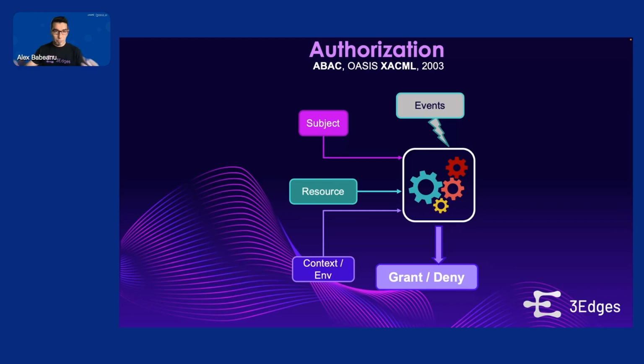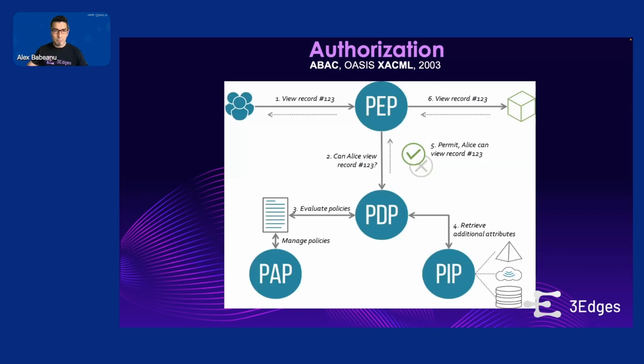So essentially, these systems were built as follows. This is kind of a high-level architecture of such authorization systems. If you have a record you're trying to protect here on this side, these authorization systems were made of four main components. A policy enforcement point, a PEP, which acts like a proxy that you put in front of the thing you're trying to protect. This PEP catches all the requests that are made to the resource and forwards them to a PDP, a policy decision point.